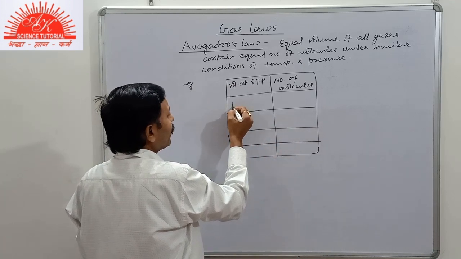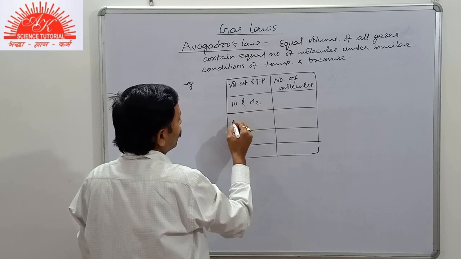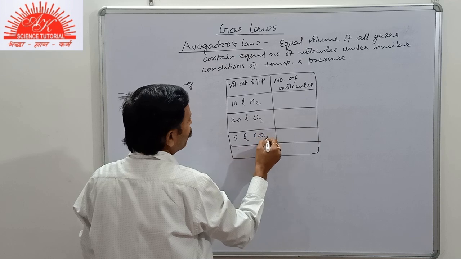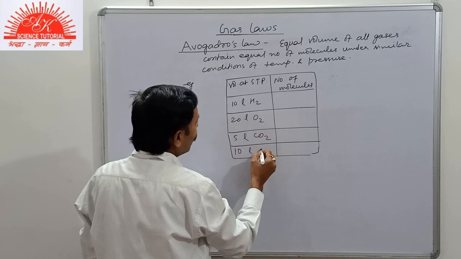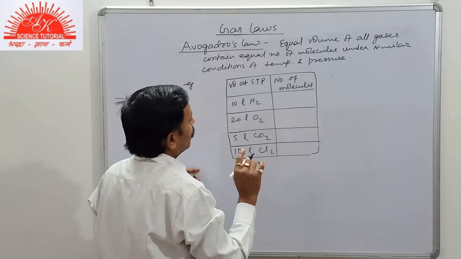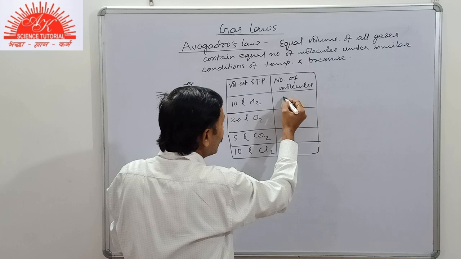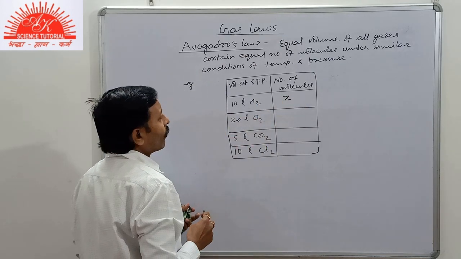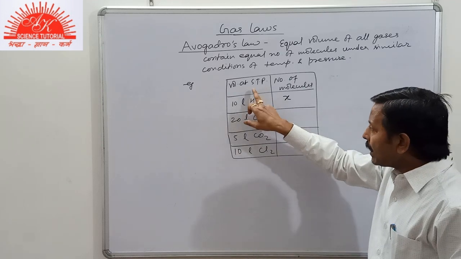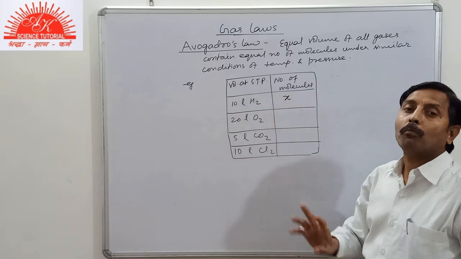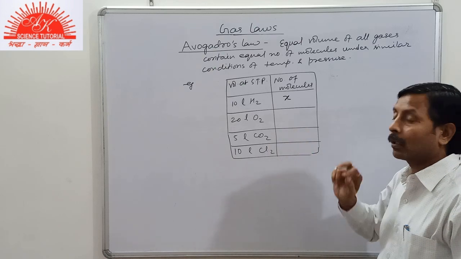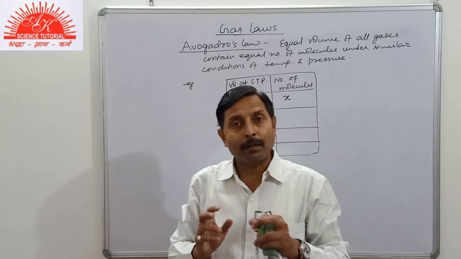It was given 10 liter hydrogen, 20 liter suppose oxygen, 5 liter of CO2, and suppose again 10 liter of chlorine. Now the question, what was the question? In this table, suppose X was given, means 10 liter of hydrogen at STP contains X molecules, and you have to fill the table, fill in the blanks.